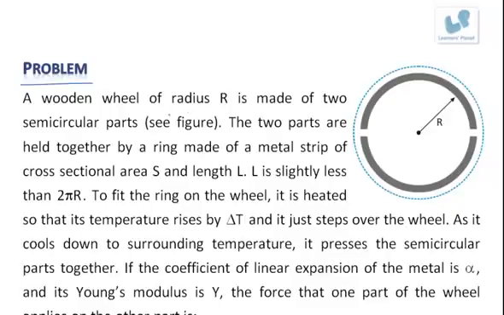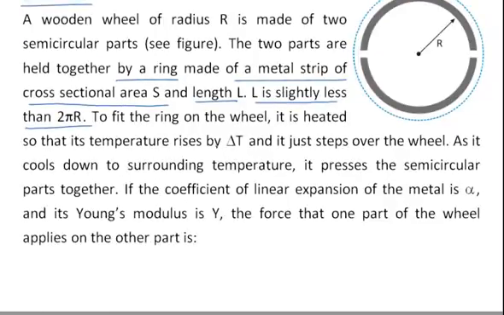A wooden wheel of radius r is made of two semicircular parts as shown in the figure. The two parts are held together by a ring made of a metal strip of cross-sectional area S and total length L. L is slightly less than 2 pi r, that is the perimeter of the wheel.